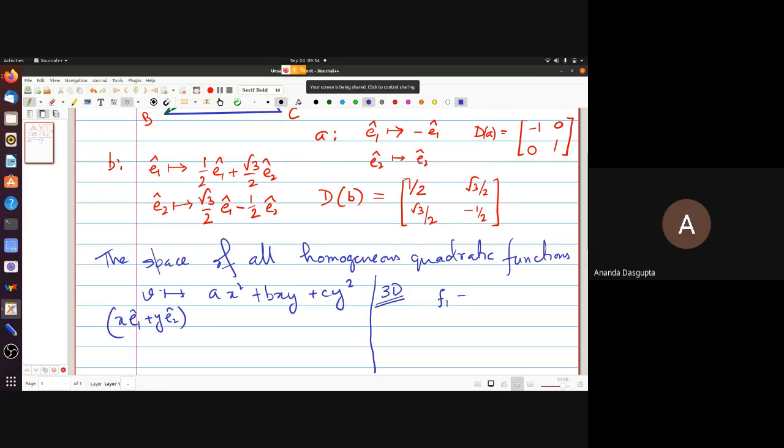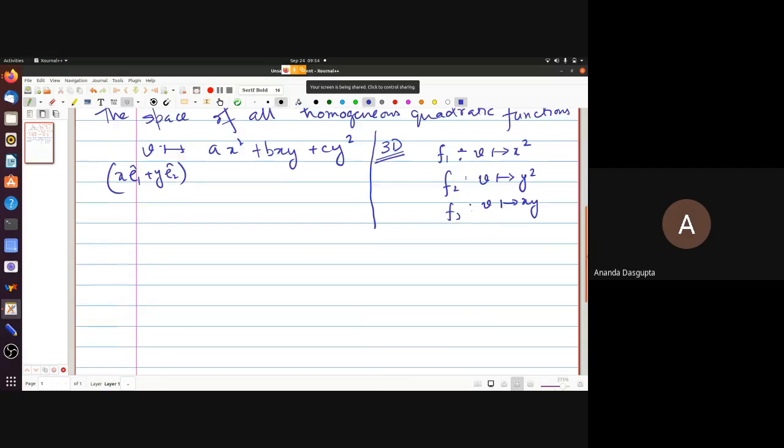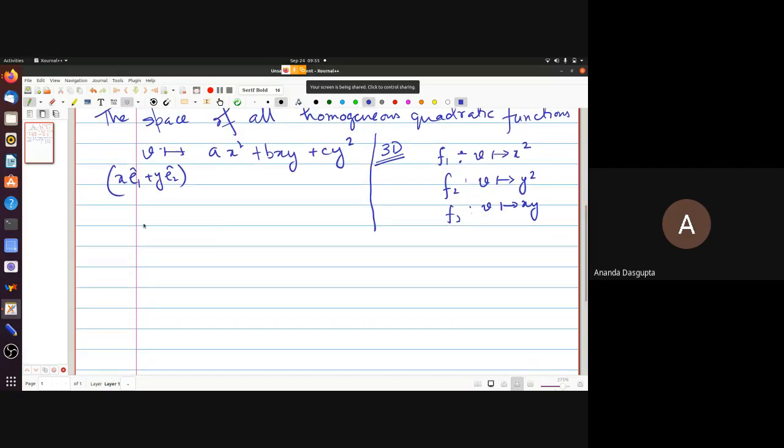Let's say f1 is a function which maps v to x square. f2 is a function which maps v, let's say, to y square, and f3 maps v, let's say, to xy. So any function like the one which I have written here is simply A f1 plus B f2 plus C f3, because when it acts on a vector V, it's going to give you A times f1 of V, and so on.